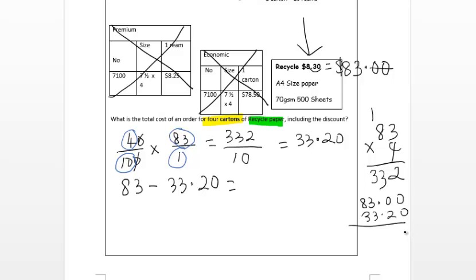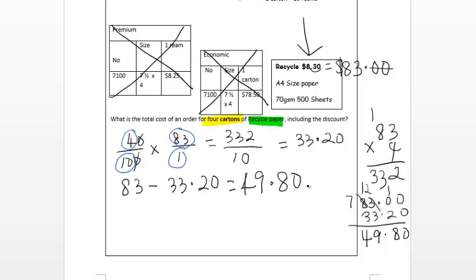So 0 minus 0, cancel the 3, becomes 2, carry the 1, 8 becomes 7. 12 minus 3 is 9, 7 minus 3 is 4. So 1 carton will cost me $49.80.